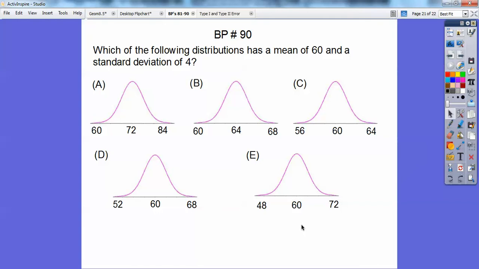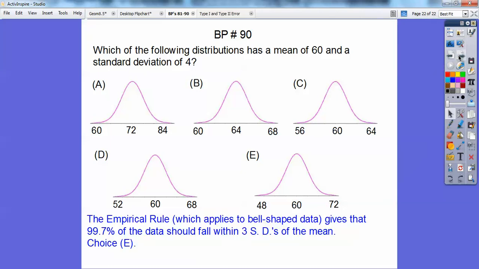So anyway, a mean of 60 and standard deviation of 4. Remember the empirical rule, you guys. The empirical rule implies that 99.7% of data falls within 3 standard deviations.